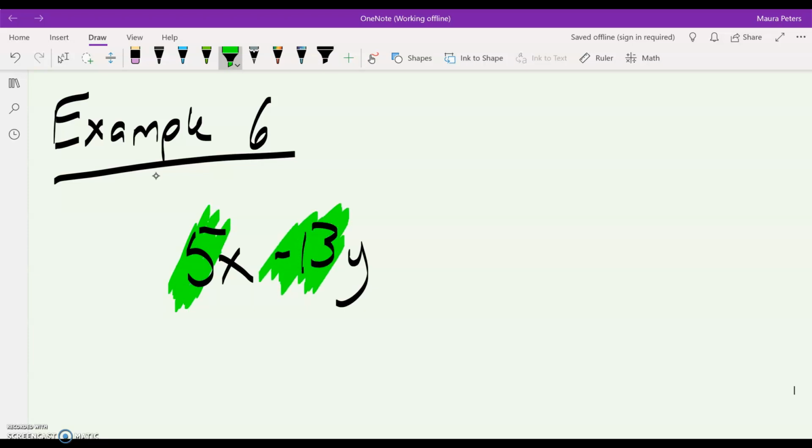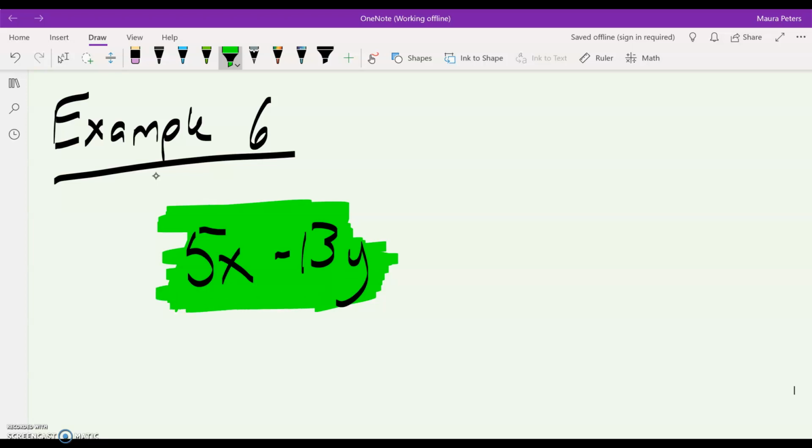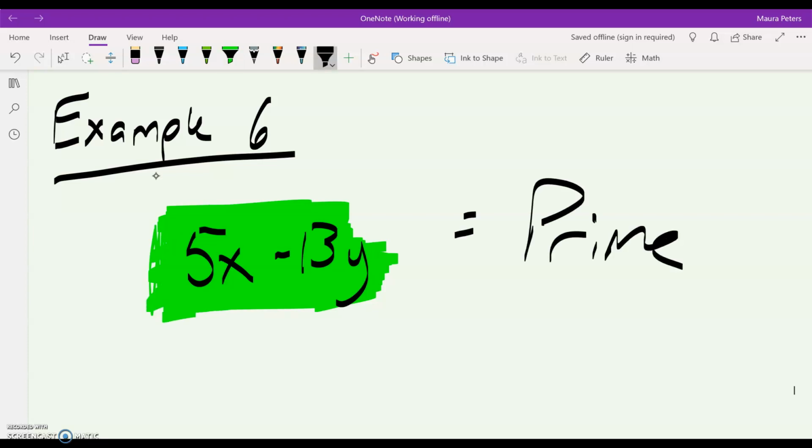We notice that there is no greatest common factor there. We take a look at this x here and this y here. They don't share any x's or y's. So this is an example of a problem where we cannot factor it. And when we cannot factor a problem, we're going to call this prime.